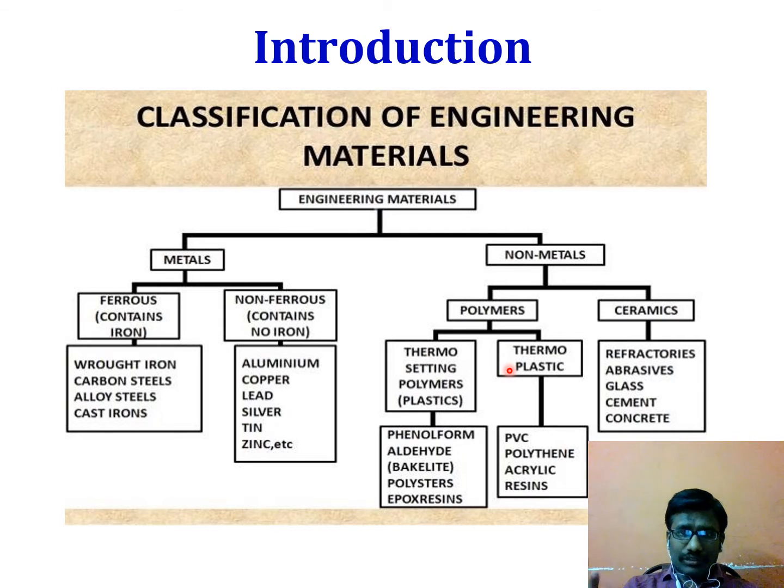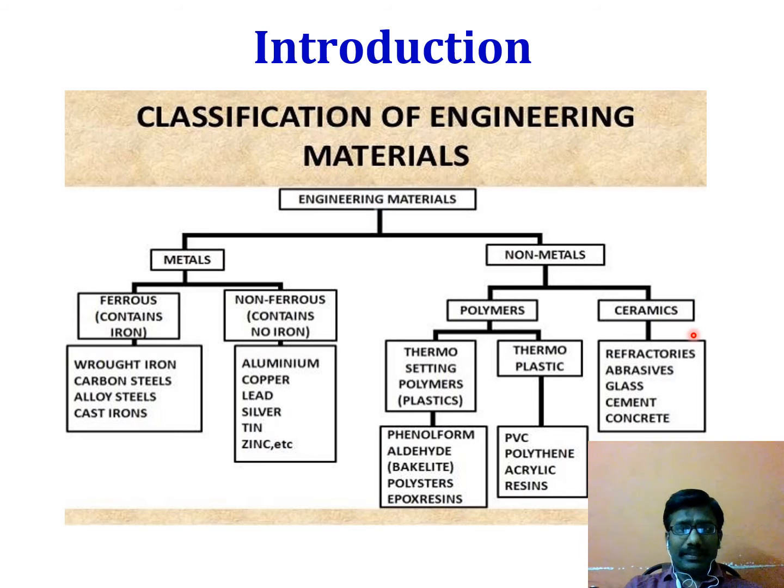Once you make some products, again we can reheat up to some temperature and remold into different shapes. In thermosetting, it is not possible. Once you make some products, it is not possible to reuse them. Examples here we have given: phenol formaldehyde, polyesters, bakelite, all these things.